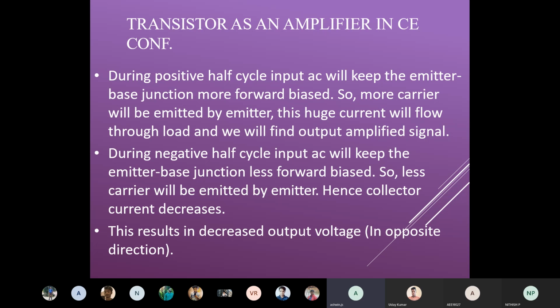Due to that off condition, very little current flows. Fewer carriers will be emitted by the emitter, hence collector current is decreased. The collector current flows based upon your base current. If the base current slowly increases, the collector current will increase rapidly. If the base current is reduced, the collector to emitter current is reduced.